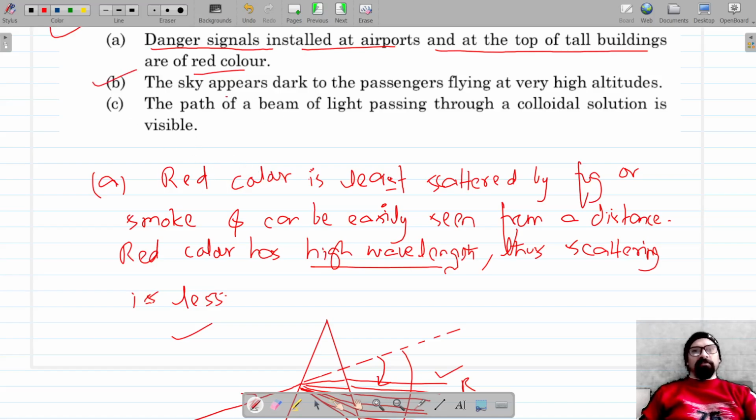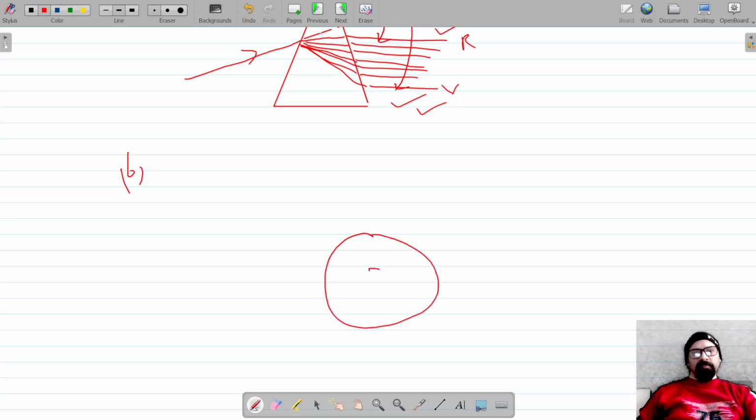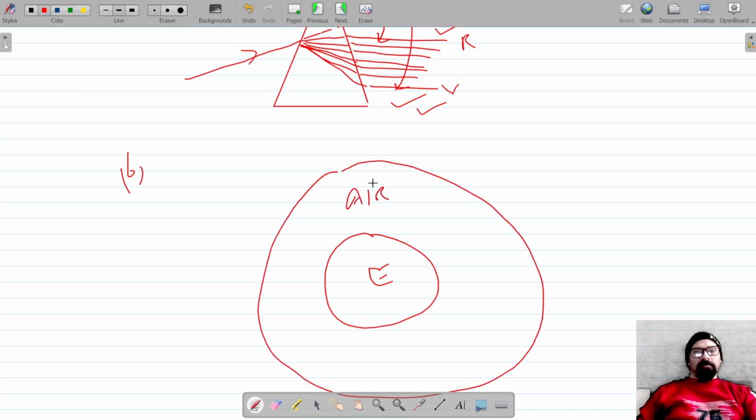Now, the sky appears dark to the passengers flying at high altitudes. Let's suppose this is the Earth and this is the atmosphere, and we have air only in this region. Now let's say an astronaut is viewing the sky from here.